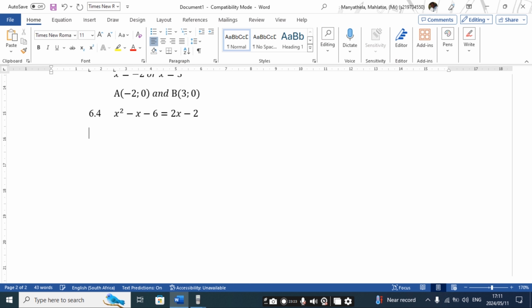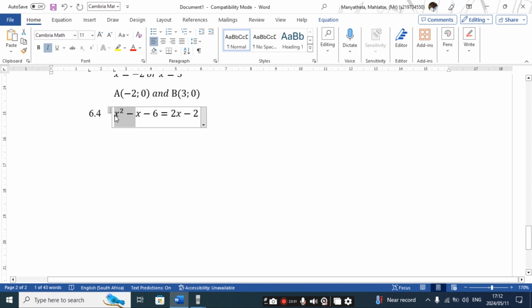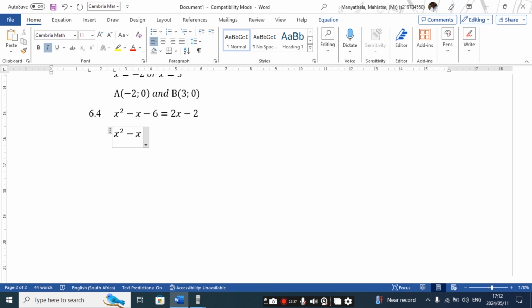Then from here, I'm going to group the like terms. So I'm going to have x squared minus x minus 2x minus 6 plus 2 equal to 0. Okay, let's add them.